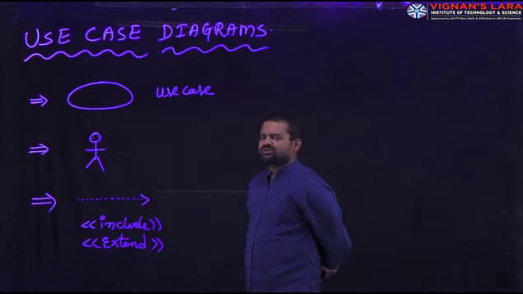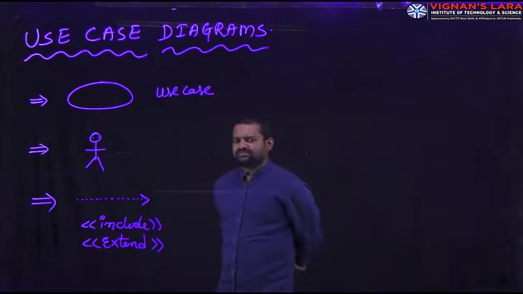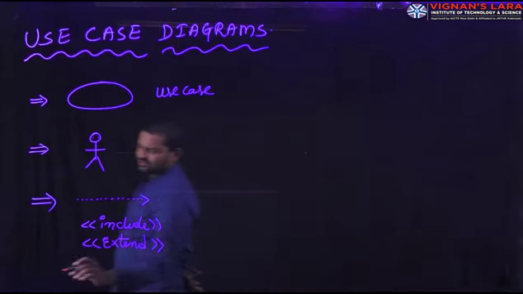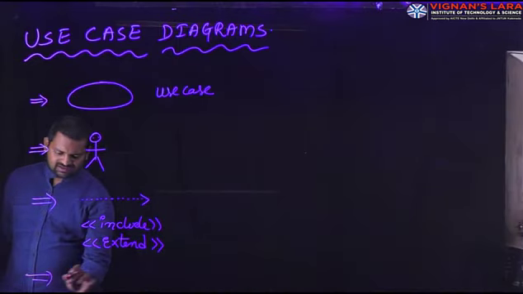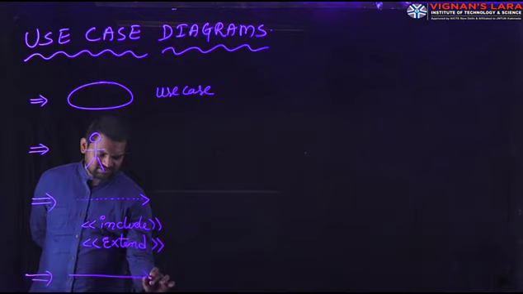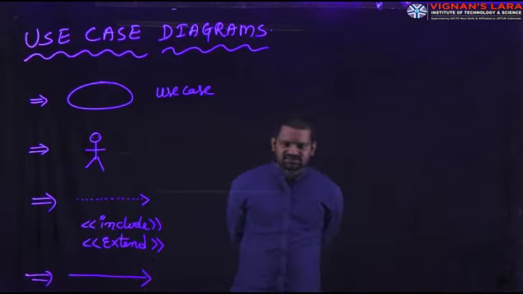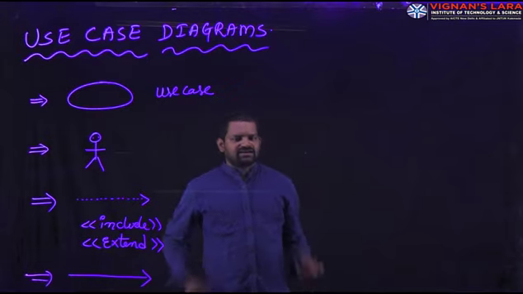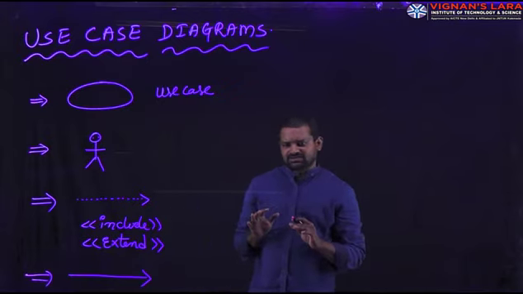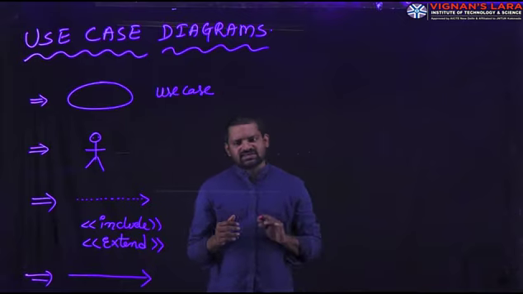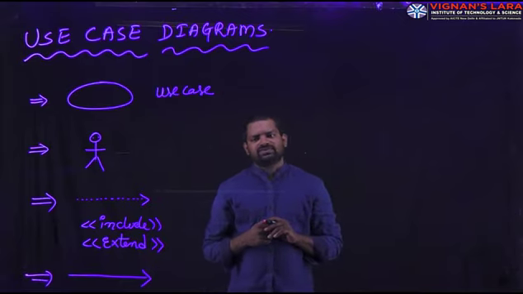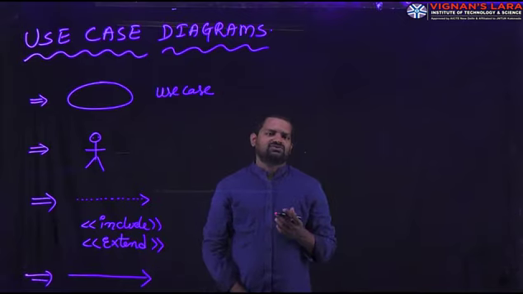Other than this, we may have to give some links. This is the link which we use between use case and use case, between actor and use case, and also between actor and actor.